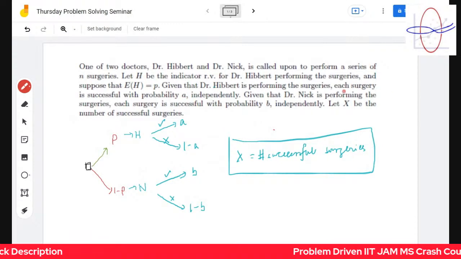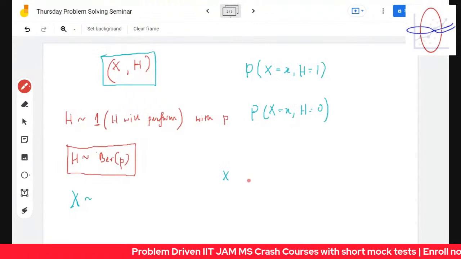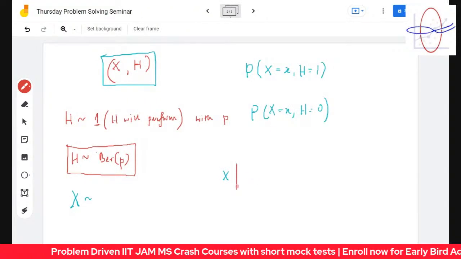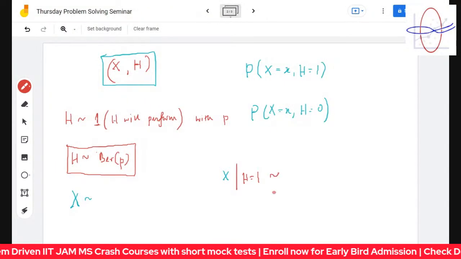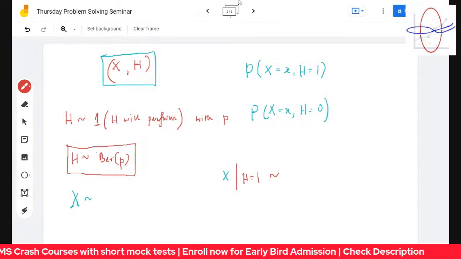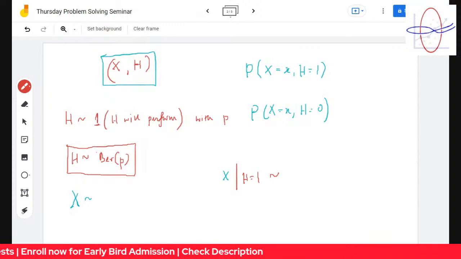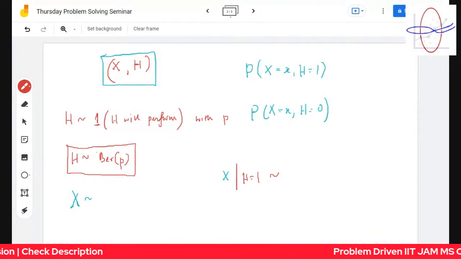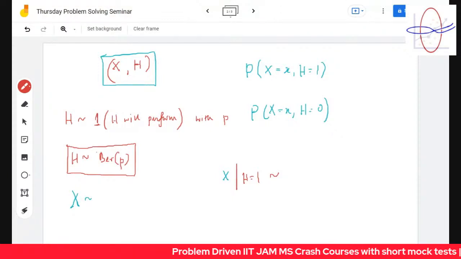Each surgery is successful with probability A, given Dr. Hibbert is doing it. So X given H is 1 follows what? Can someone tell me? The number of successful surgeries, given the fact that Dr. Hibbert is performing them, what does X follow?